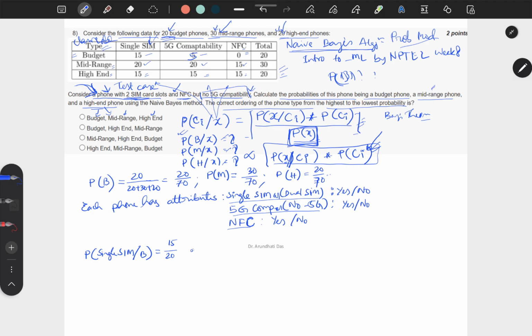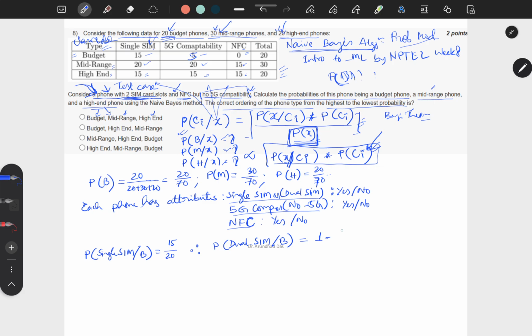At the same time we can calculate another required probability, because the question is asking about dual SIM. So we can write probability of dual SIM given the phone is budget phone. It will be 1 minus the probability for single SIM.